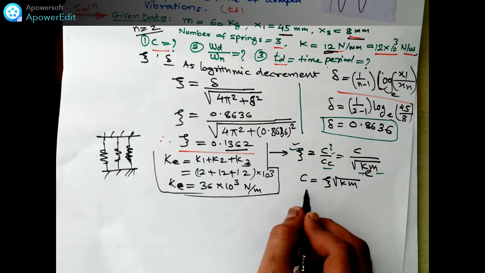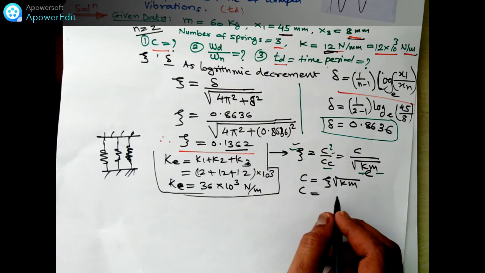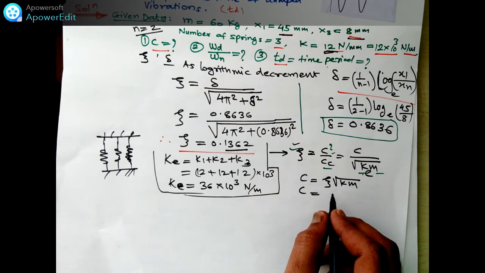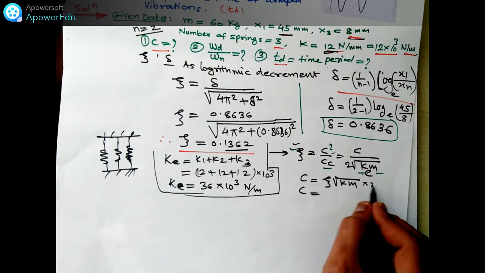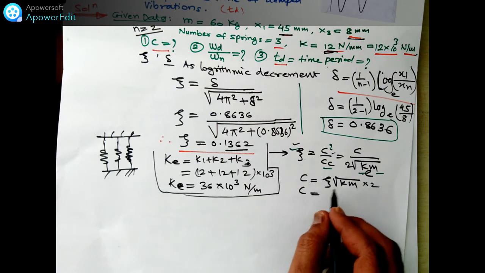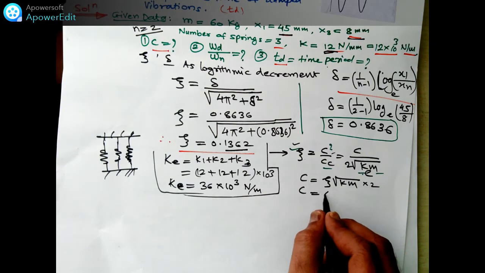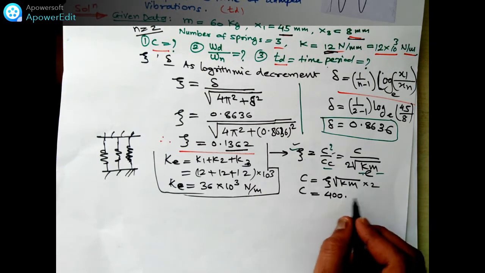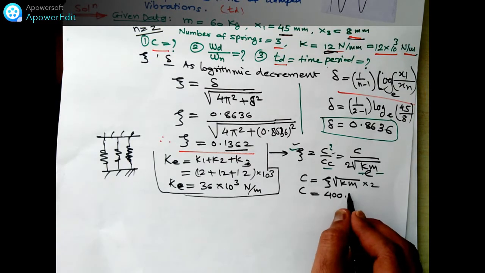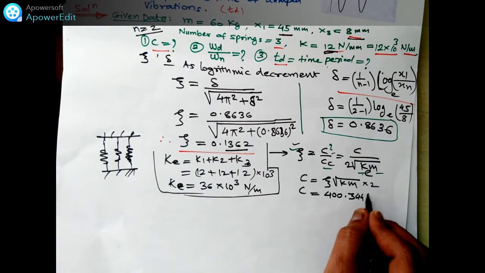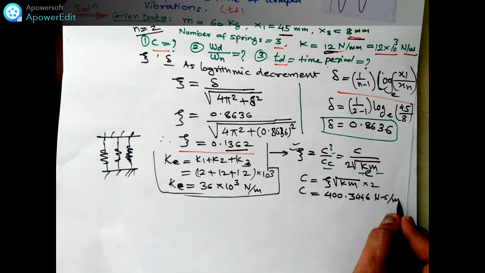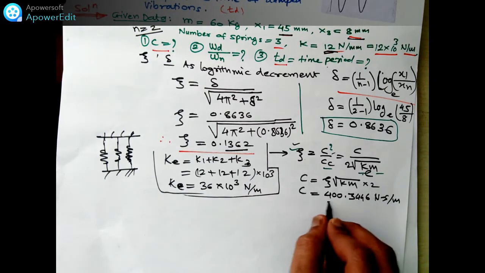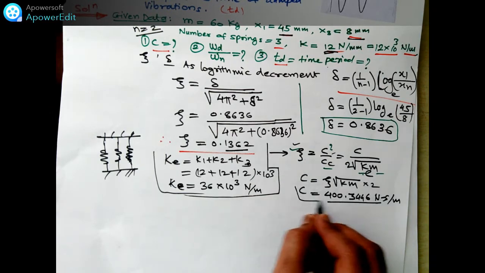Putting these values, I will put the values of all the things, 2 into 2 is remaining, and 400. After putting the values and solving using the calculator, we get the value in Newton second per meter. This is the value for this C.